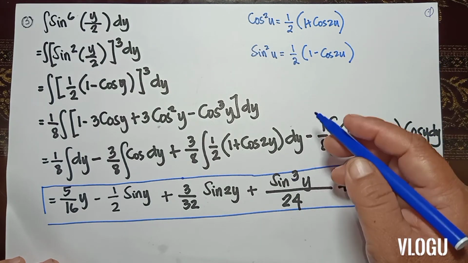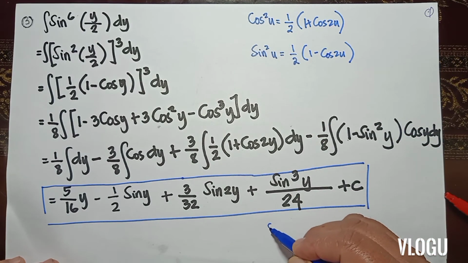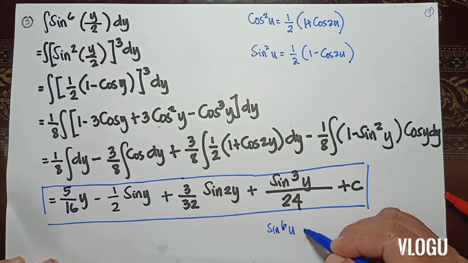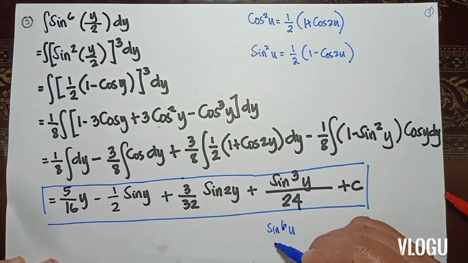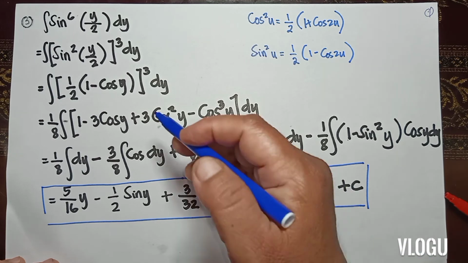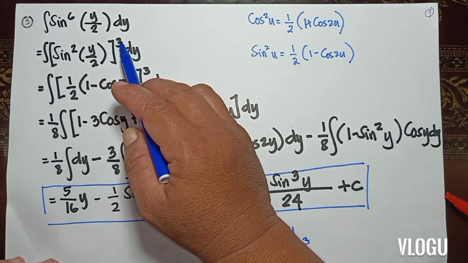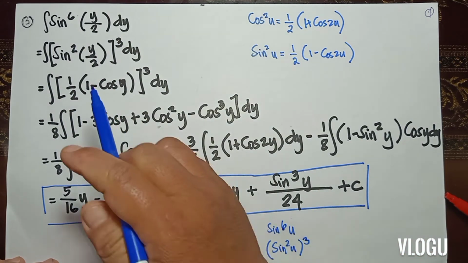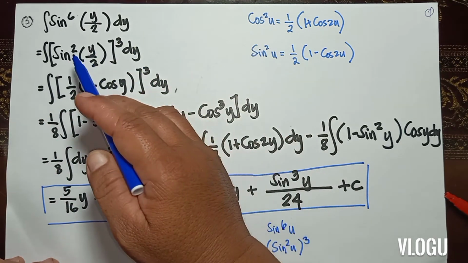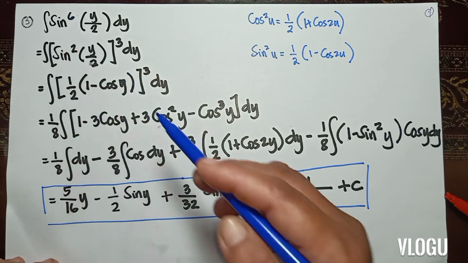So you will have sine to the 6 u, that would be equal to sine squared u, with 6 multiply 3 inside. So you will have squared, then you will have 3. So sine squared y over 2 to the cube dy. 2 times 3, that is still 6.